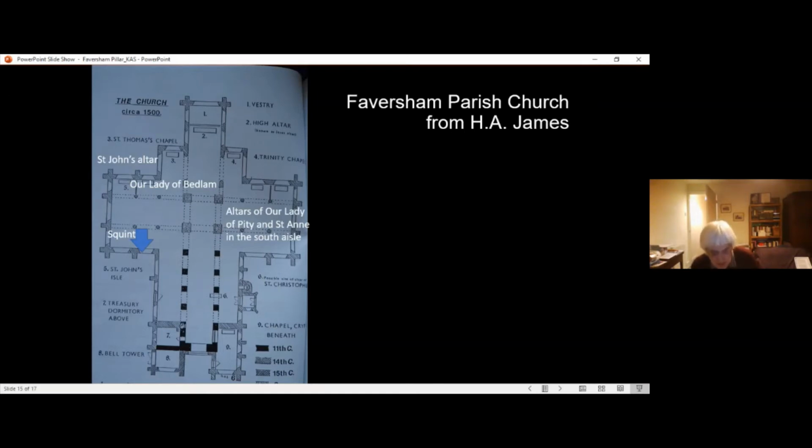There were at least 27, including some more unusual ones, like the light of St Siph and Master John Sean and Our Lady of Gessin or Bedlam. We'll come back to Our Lady of Gessin in a minute, because that's especially interesting, and it was said to be in the north part of the church.